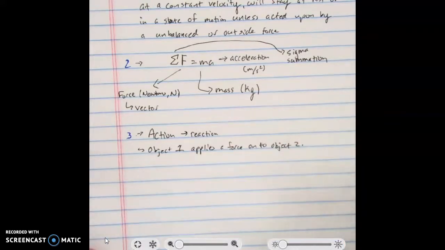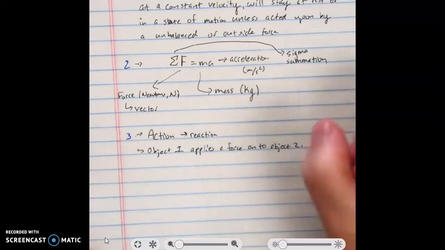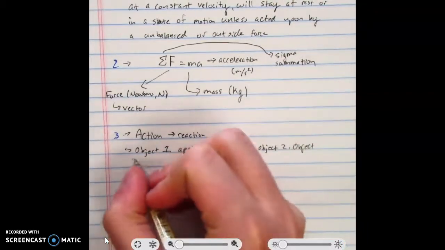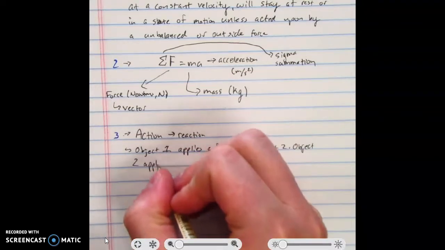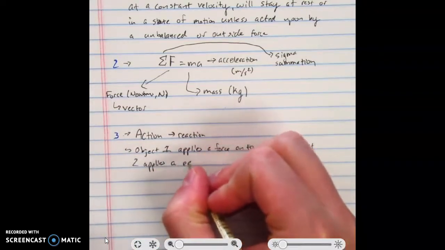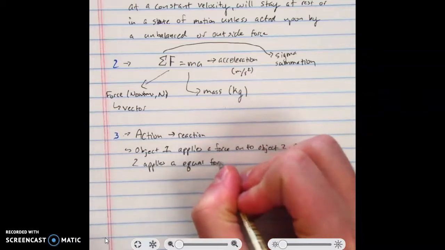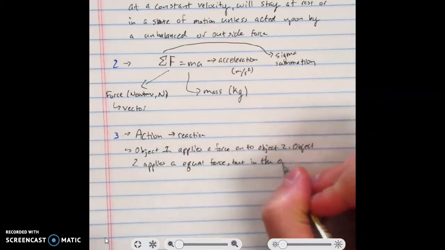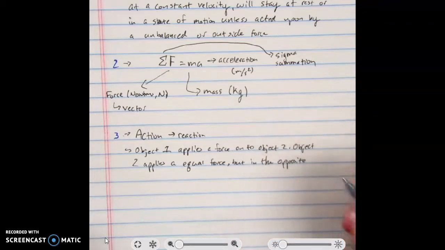That's my action. I apply a force onto another object. The reaction is object 2 applies an equal force, but in the opposite direction.